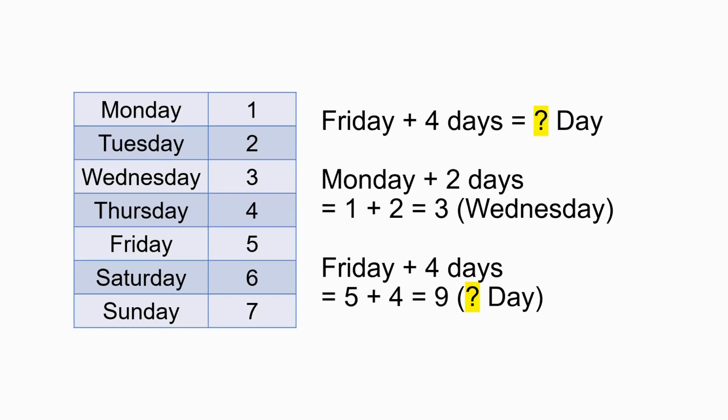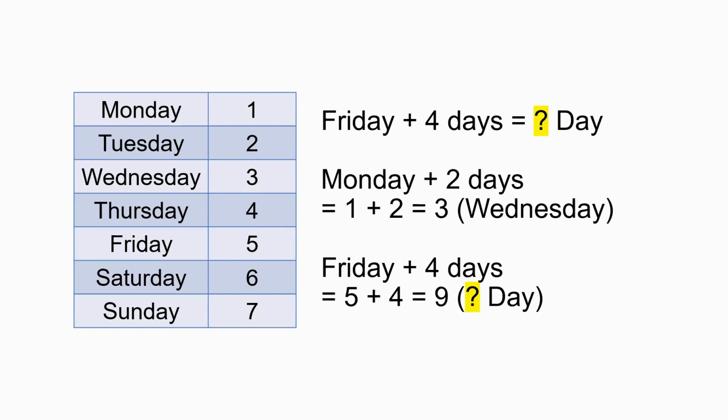So let's look into a simple example before we try to find a solution for that. Assume that today is Monday and you are going to meet your friends in 2 days' time. There will be 1, because Monday is represented by 1, plus 2, that will be equal to 3. And we know that 3 will be Wednesday.